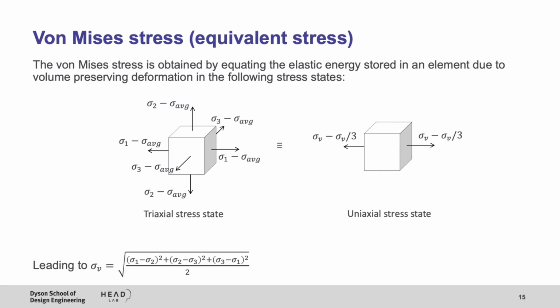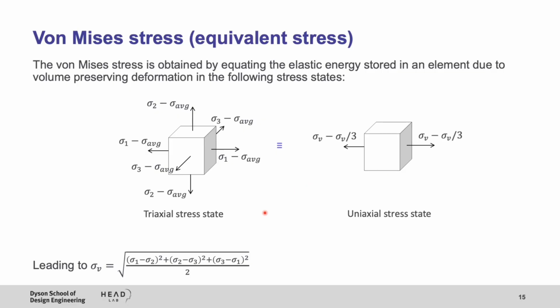The von Mises stress, also called the equivalent stress, incorporates the deviatoric stresses only. It is obtained by equating the elastic energy stored in an element subjected to volume preserving or deviatoric deformation in the following states: the triaxial deviatoric stress and the uniaxial deviatoric stress state.